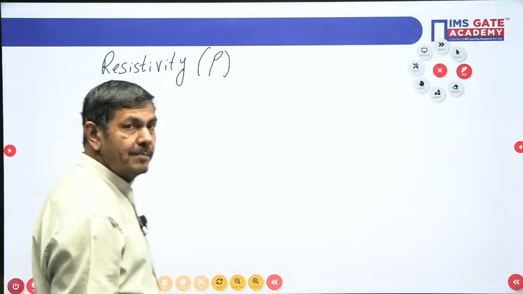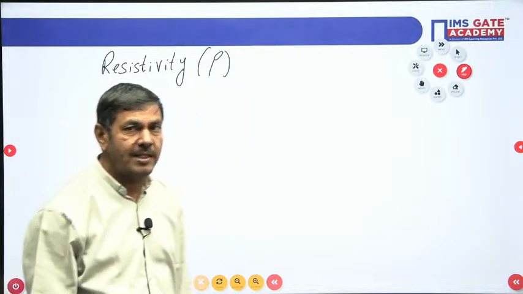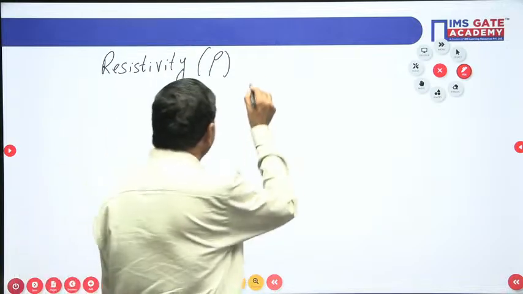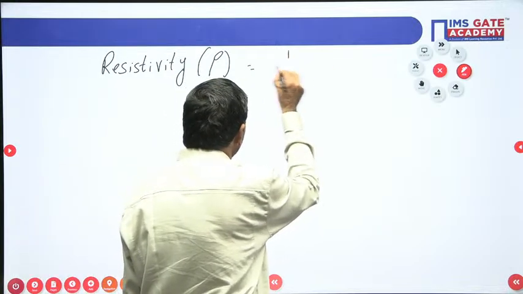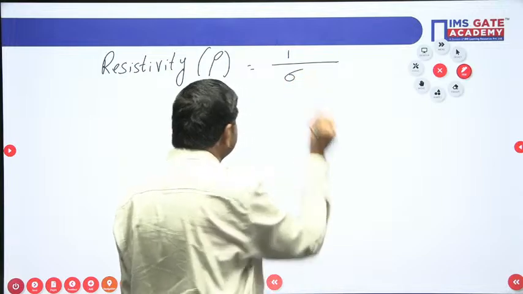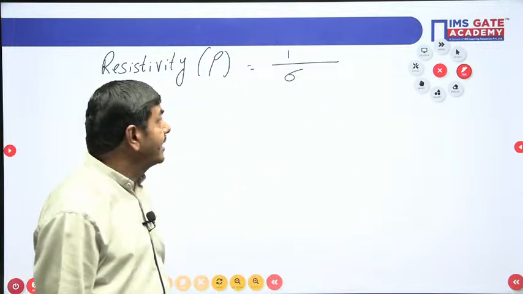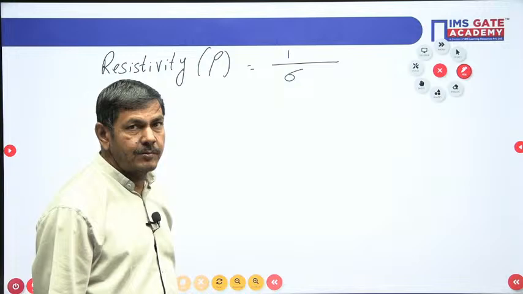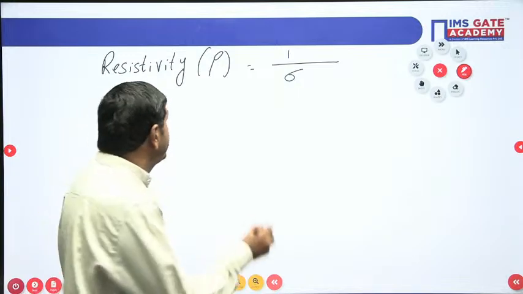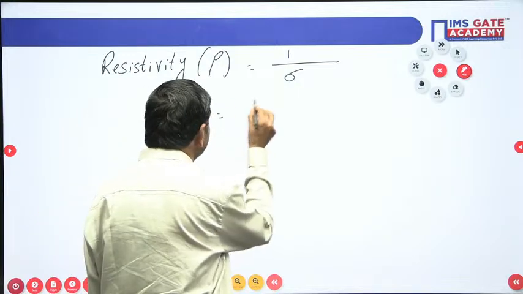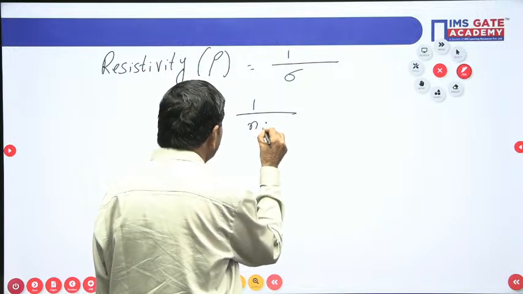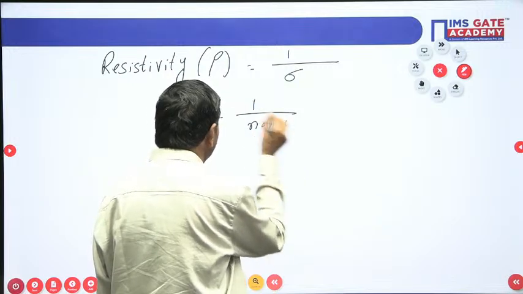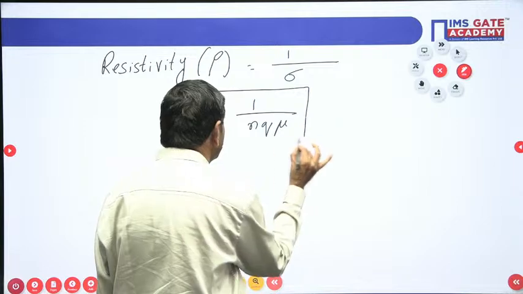Rho is the symbol used to find out the resistivity. Resistivity equals the reciprocal of conductivity. Conductivity we already got: N into Q into mu. So, that formula you can use.